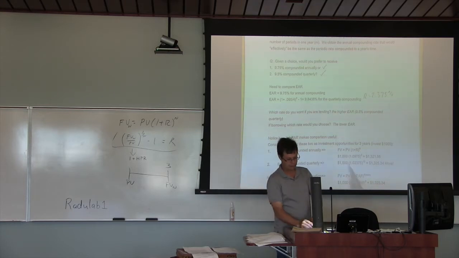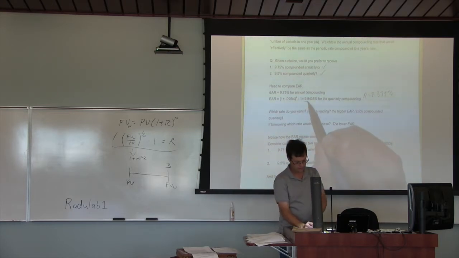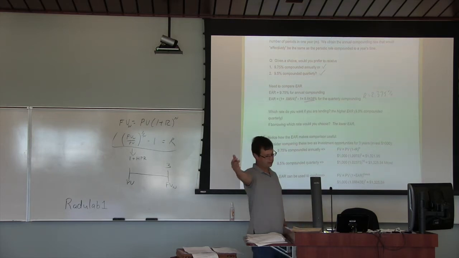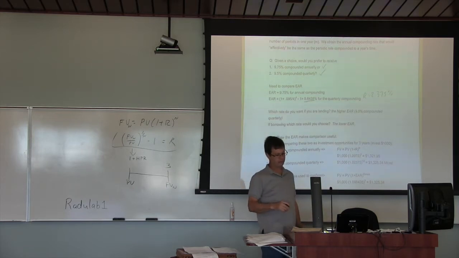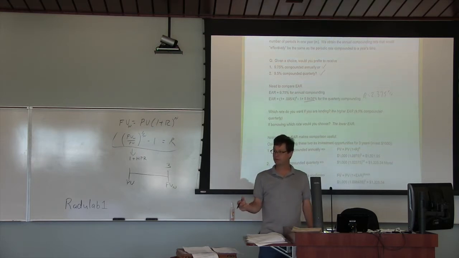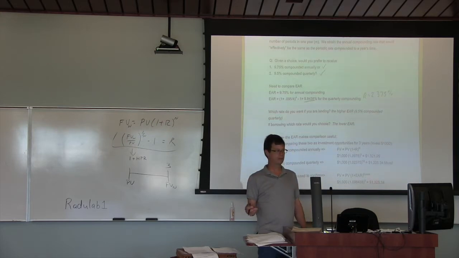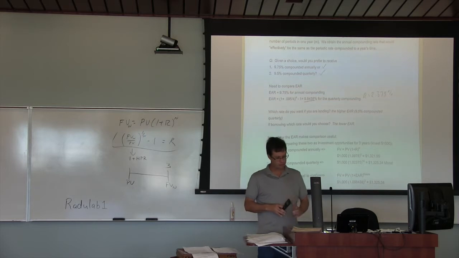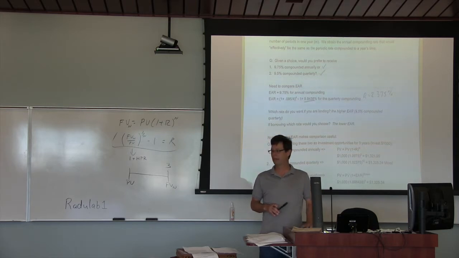Take the 1 back out and you see that for investment purposes, you take the investment that says you're going to get 9.5% with quarterly compounding and you do better than the one that was going to pay you 9.75%. And so that's why the issue of compounding needs to be addressed. What the EAR does for you is it shows you that right off the bat. It takes care of that.